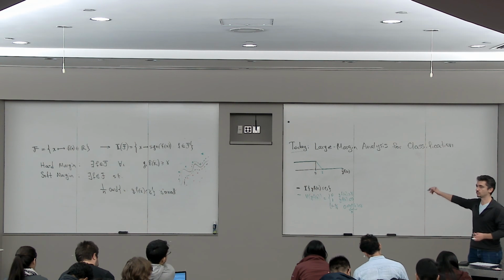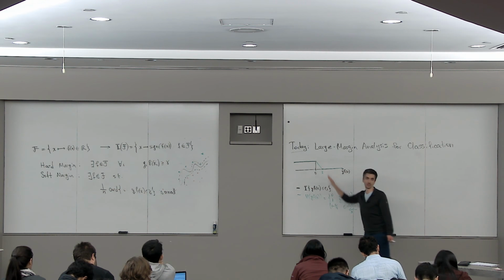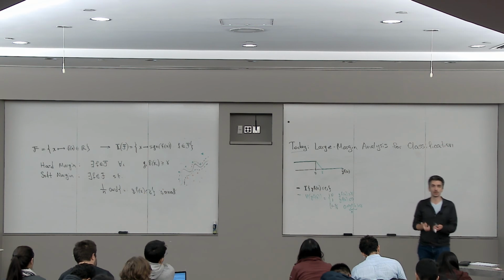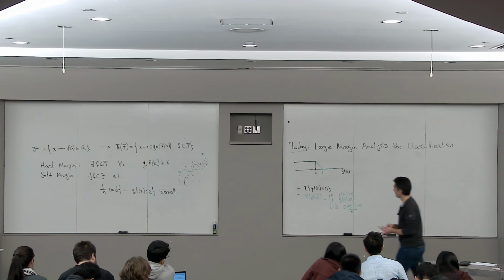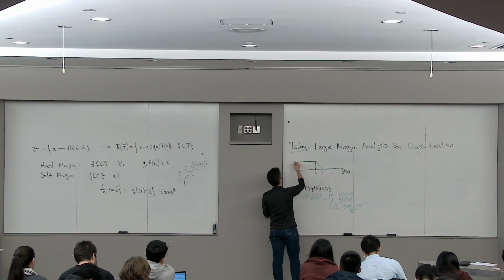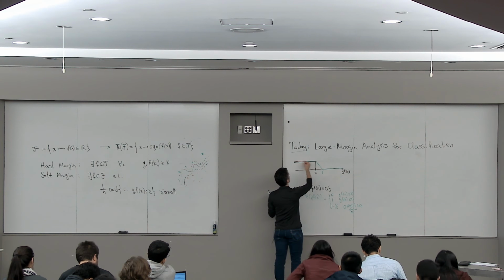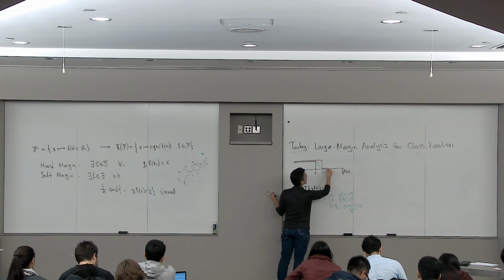I just put down the formula for this transition. So let me call it a ramp loss. So it kind of looks like a ramp. And then I'm gonna have yet another, the third one. I'm gonna put it like that, and it's gonna continue until gamma, and then drop. And then continue at 0.